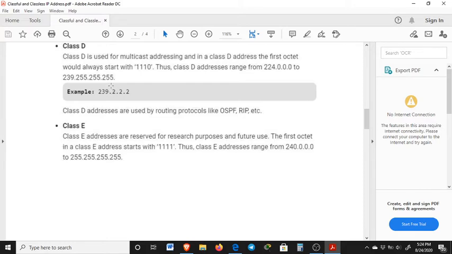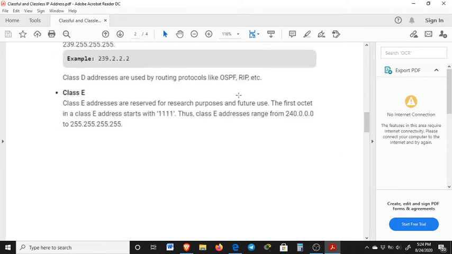Anything between 224 and 239 belongs to class D, which is used for multicasting. They are mostly used by routing protocols like OSPF, RIP, and so forth.